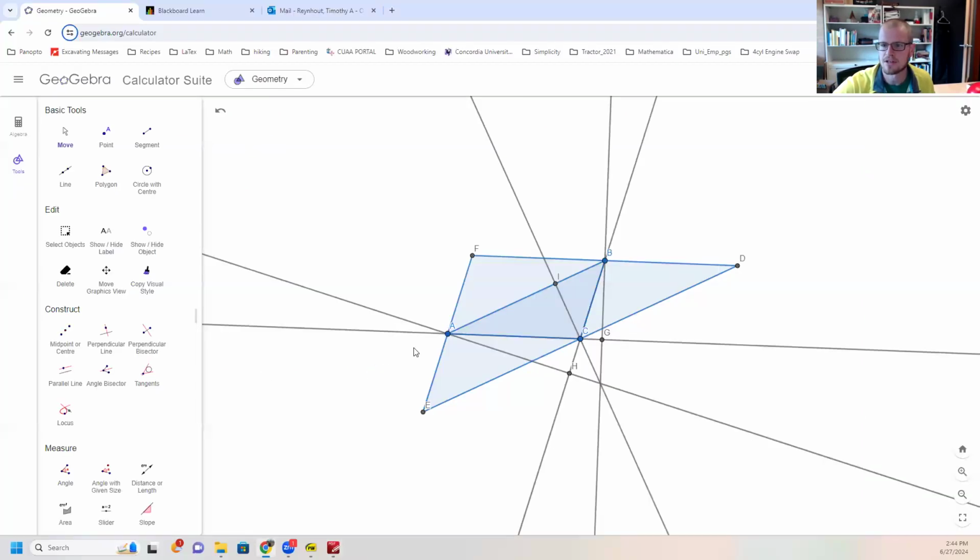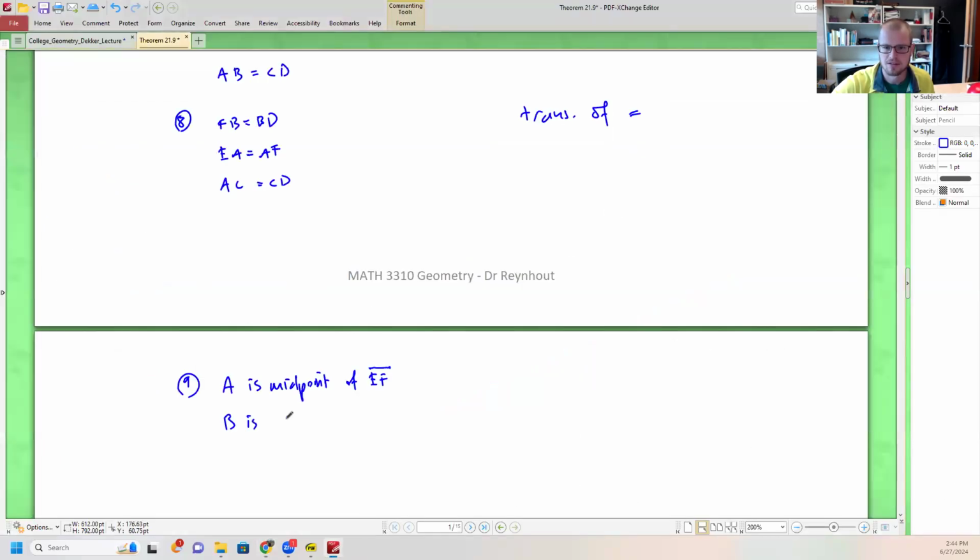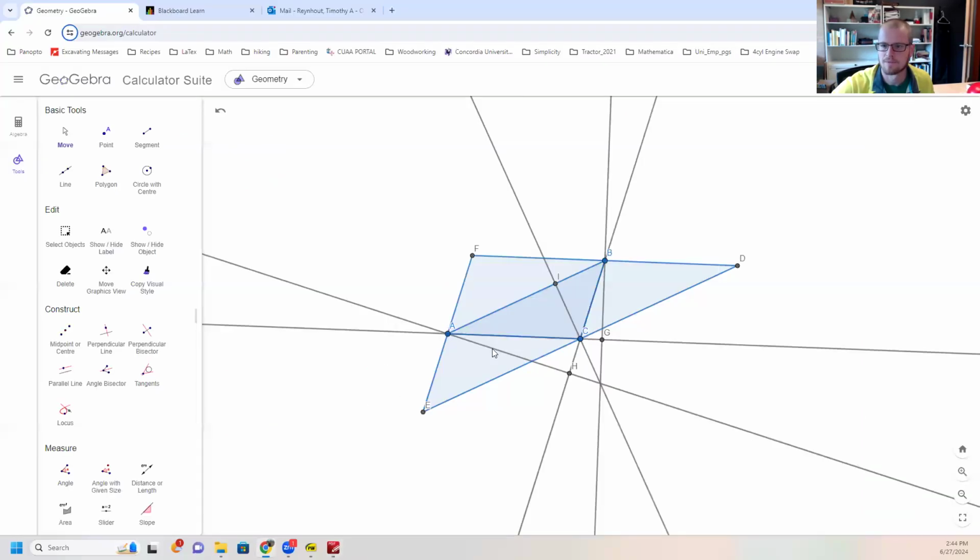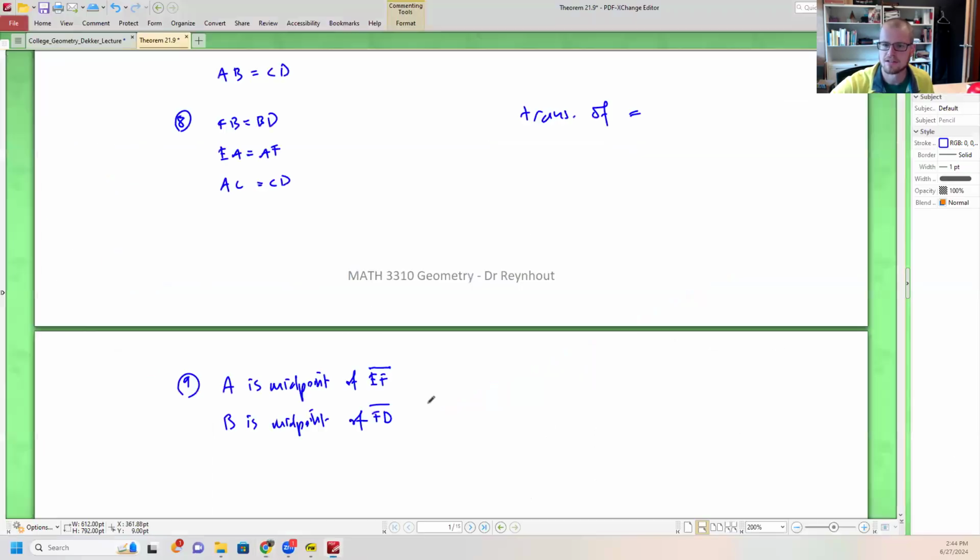B is the midpoint of FD. And C is the midpoint of DE. And this is simply by the definition of a midpoint. Fantastic.